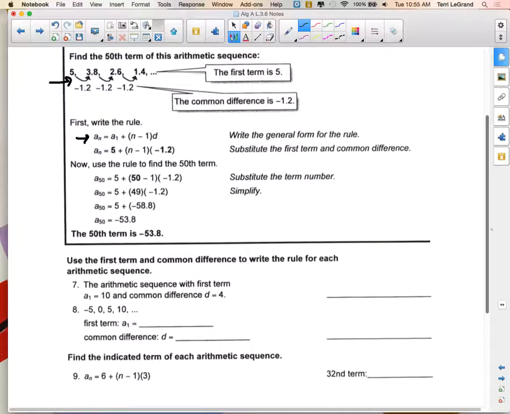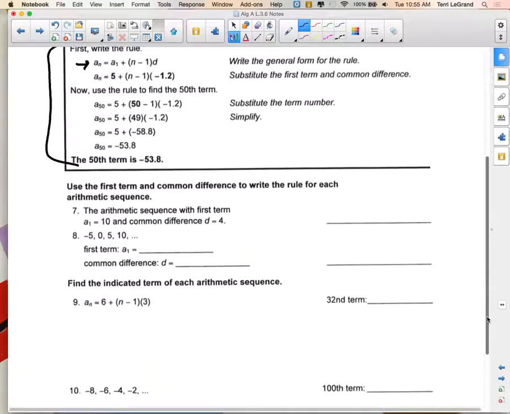So in other words, no matter what term you want to find in this one, here's what it starts with, and here's what my common difference is. And then, once we determine which term we want to find, we substitute that term number in. Okay? So this is just an example for you up here to study on your own.